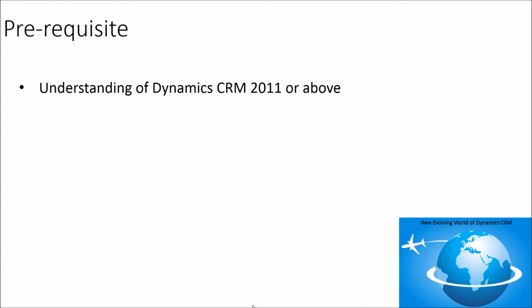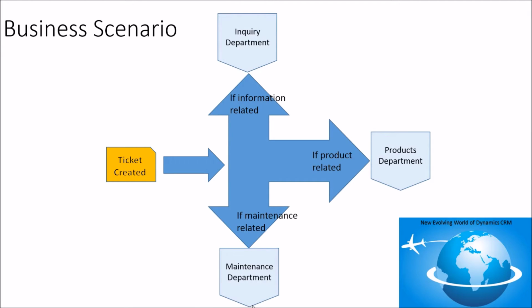Keeping this in mind, let's talk about a very simple business scenario, and I'm sure you can find matching scenarios in your respective engagements or business domain. A customer calls in to create a ticket or a case, and when the case is created, depending on what type of case it is, for instance maintenance, product related or information related, it is routed to that particular department or group or team.